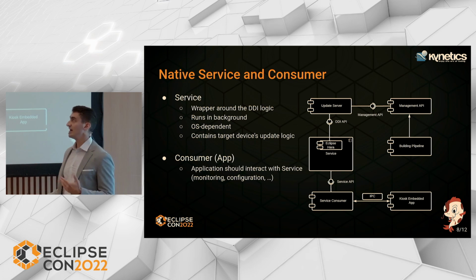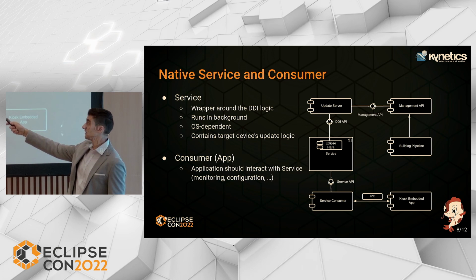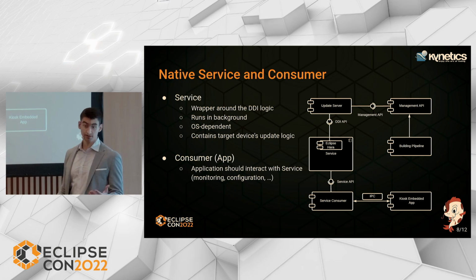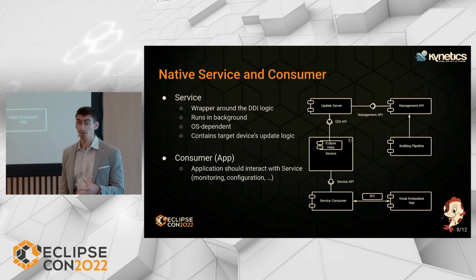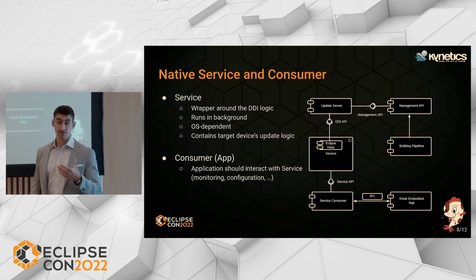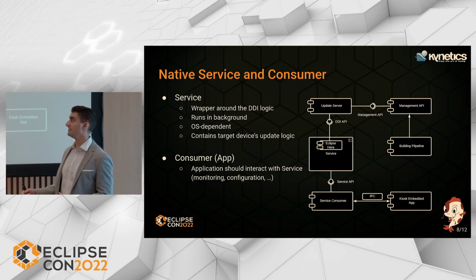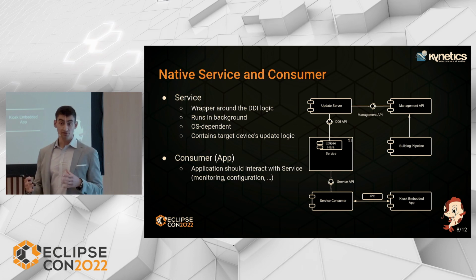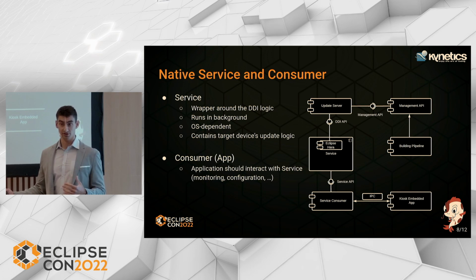Now the service, as I anticipated, is a wrapper around the DDI logic, around Eclipse Hara, which runs in the background. It is operating system dependent because, of course, it needs to know the system it has to update. And obviously, it contains the update logic for the target. Then this service is also responsible for publishing information in the system.